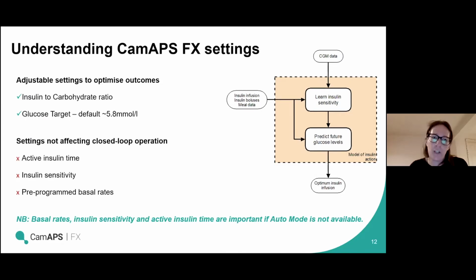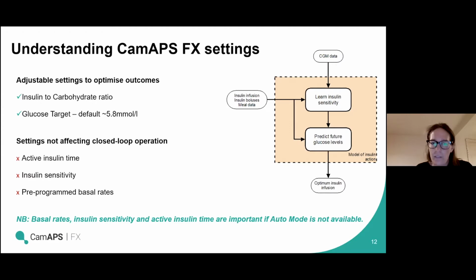In terms of which settings can be optimized to improve outcomes and get those time in range targets that Helen was talking about, the insulin to carbohydrate ratio is really important to get accurate and to adjust throughout the pregnancy, but also adjusting the glucose target. The default target is 5.8, and we'll talk a little bit more about making that specific to pregnancy, because obviously that target's not necessarily appropriate in pregnancy.